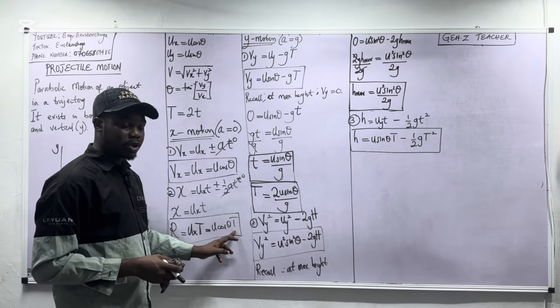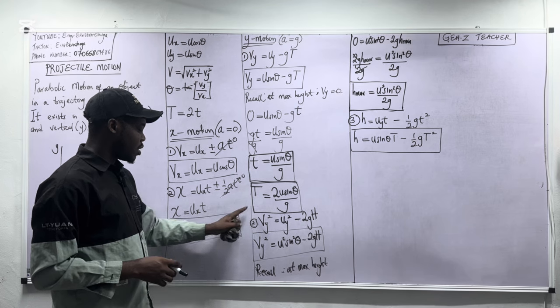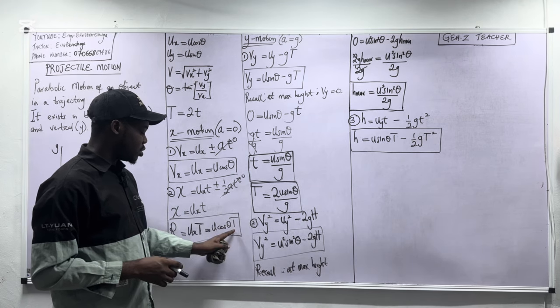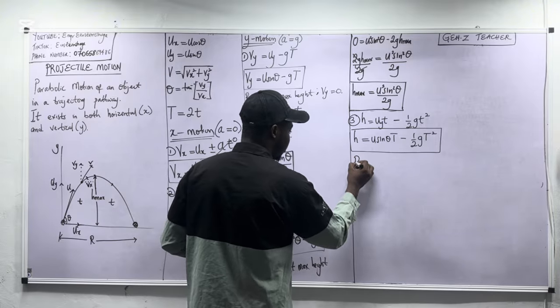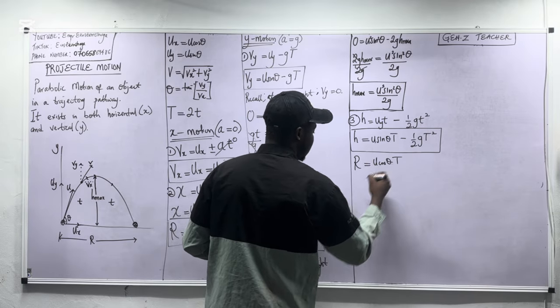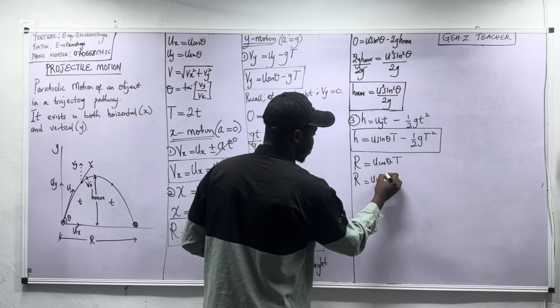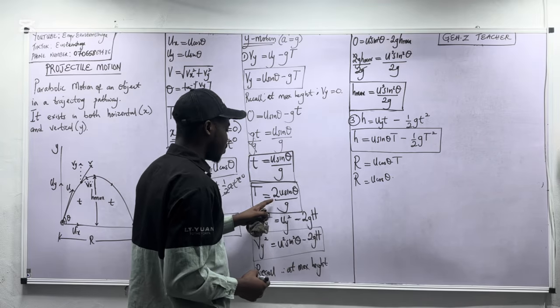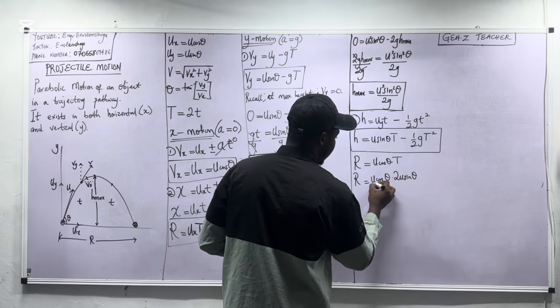We're going to substitute the value of t into this equation. Recall R, like we said before, is u cos theta t, which can now become R equals u cos theta times t, and t is 2u sine theta all over g.